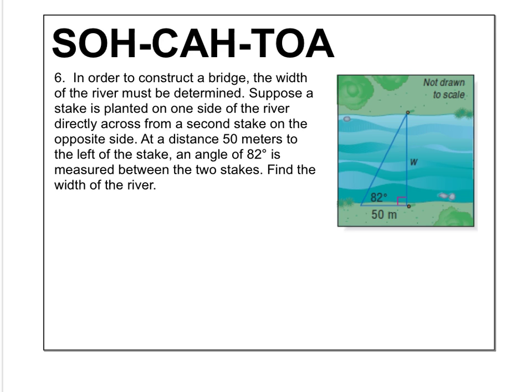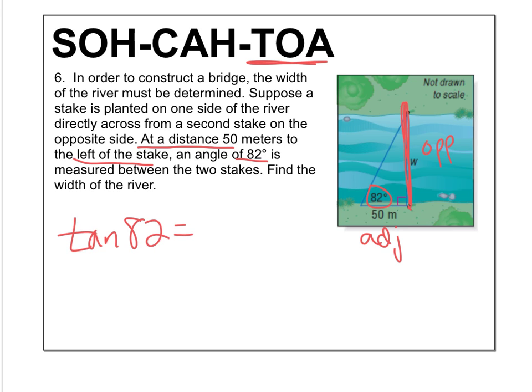So in order to construct a bridge, they have a distance of 50 meters to the left of the stake. An angle of 82 degrees is measured between the stakes. Find the width of the river. So we're trying to figure out this. From 82, this would be opposite. This would be adjacent. Opposite and adjacent tell me tangent. So the tangent of 82 has got to be equal to W over 50.